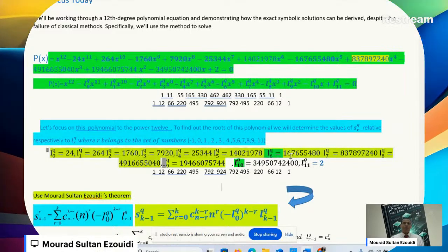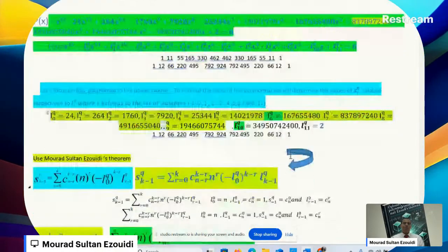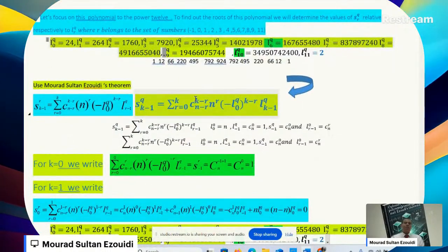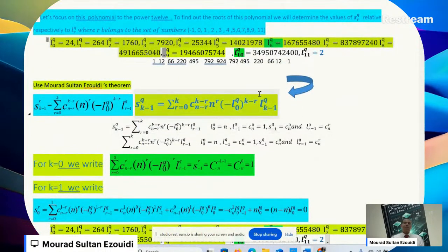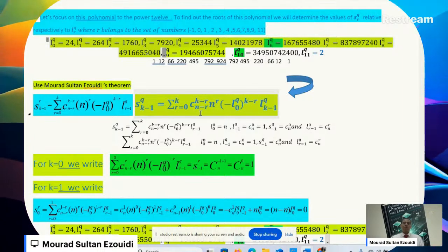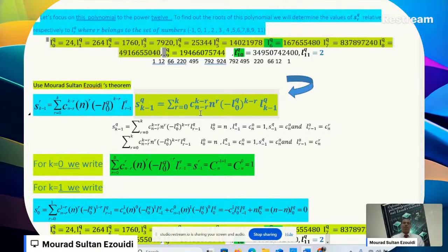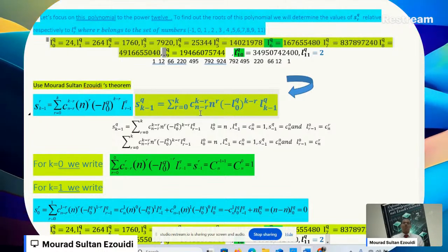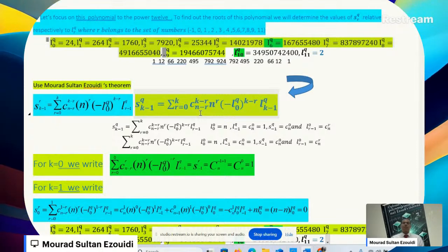Okay. Now I'm going to apply the Mourad Sultan Ezouidi theorem. This is the theorem of Mourad Sultan Ezouidi that he derived after 14 years of work, diving into finding out the exact roots of an nth degree equation.